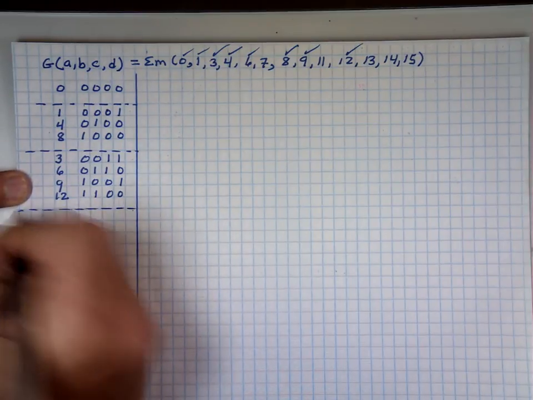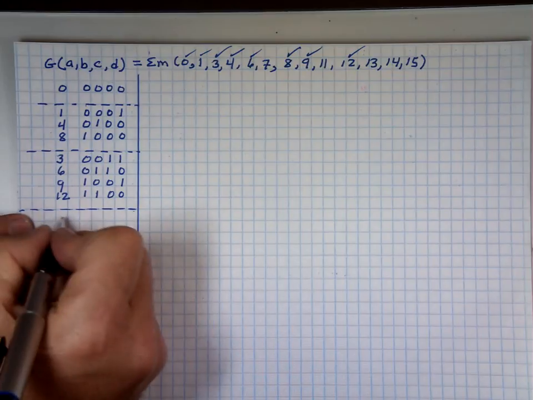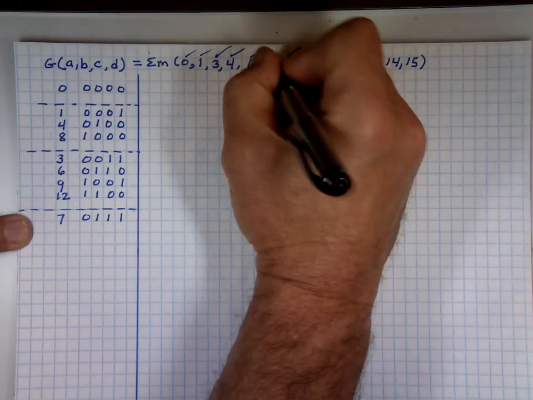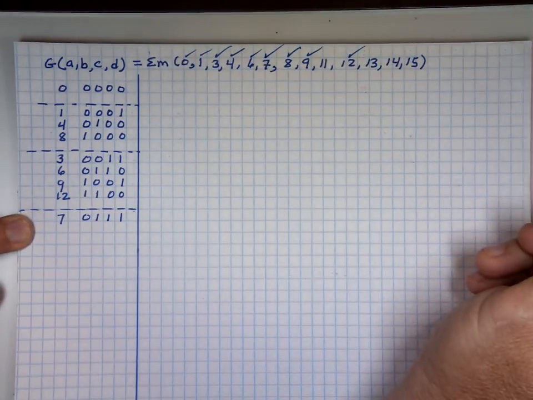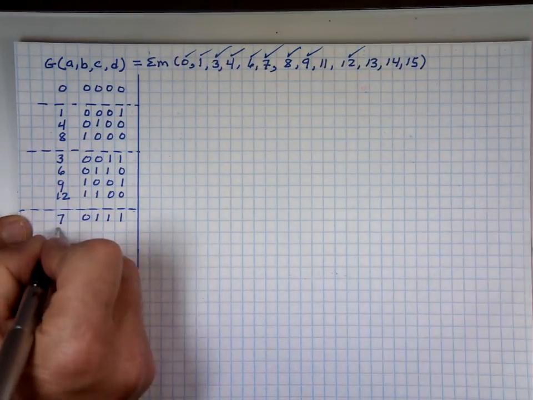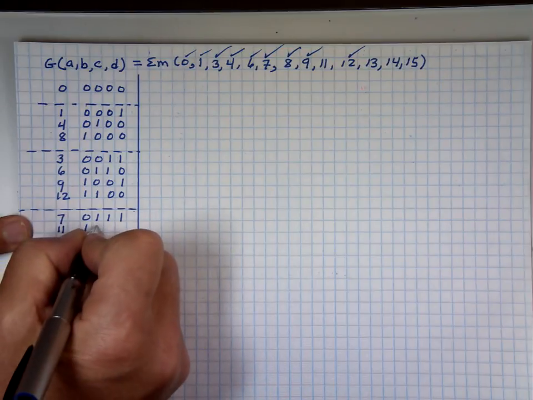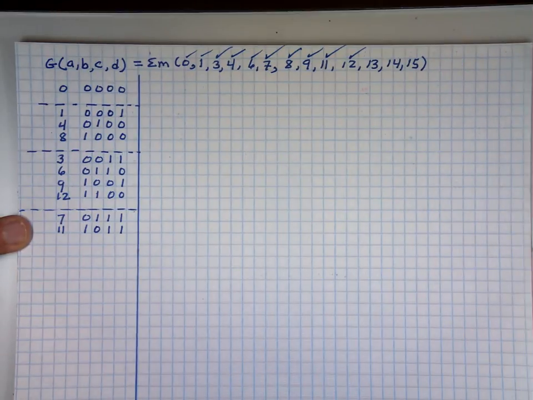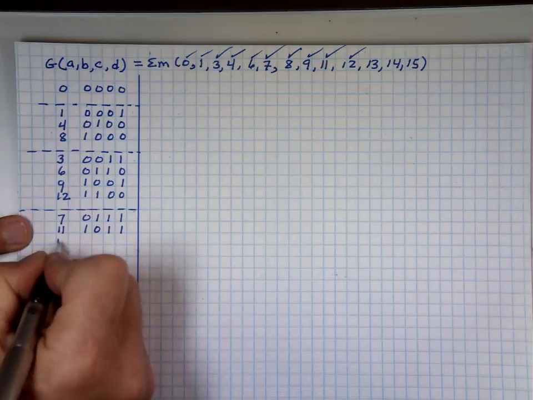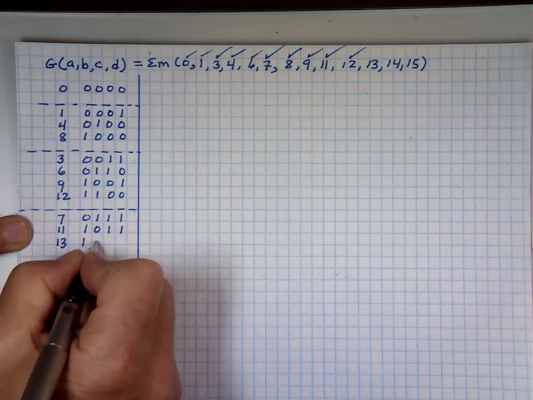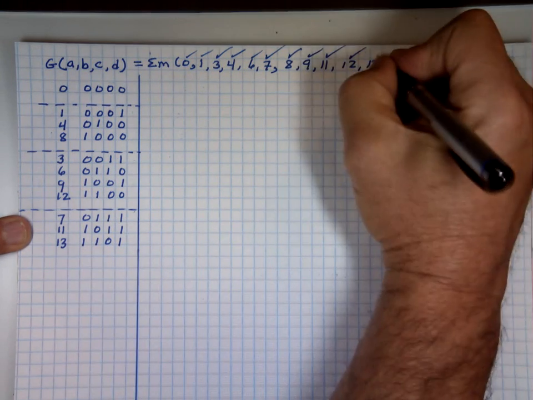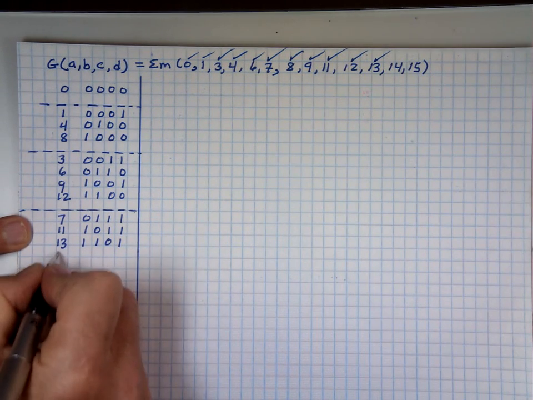3 ones, 7. 11, 8, 2 and 1. 13, is that 8, 4 and 1? 8, 4 and 1. 14, 8, 4 and 2.